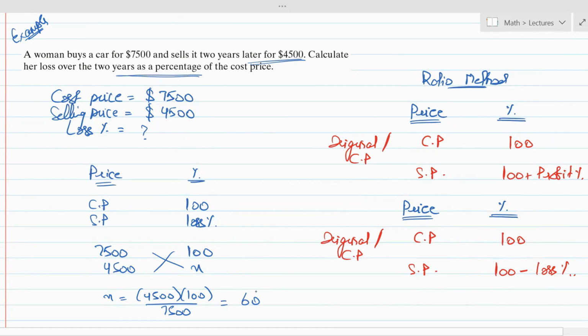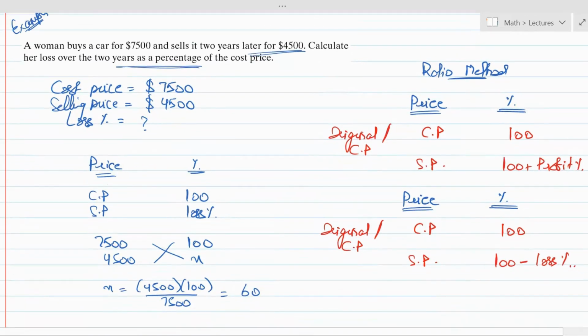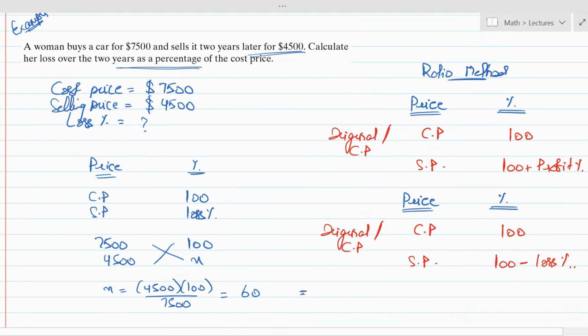Now remember, 60% is the accumulated percentage where we have the effect of 100 also involved. This 60% basically represents 4,500. And since we have to calculate the loss percentage, loss percentage is always calculated as 100 minus whatever the percentage is there.